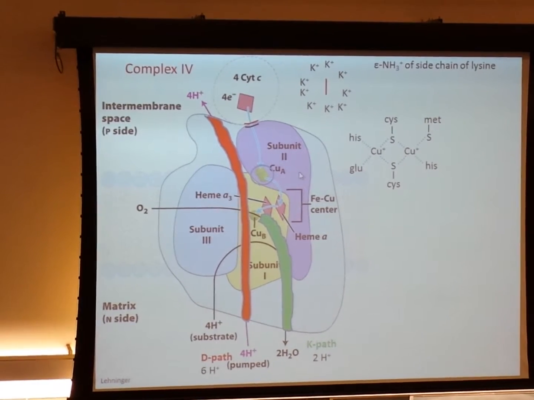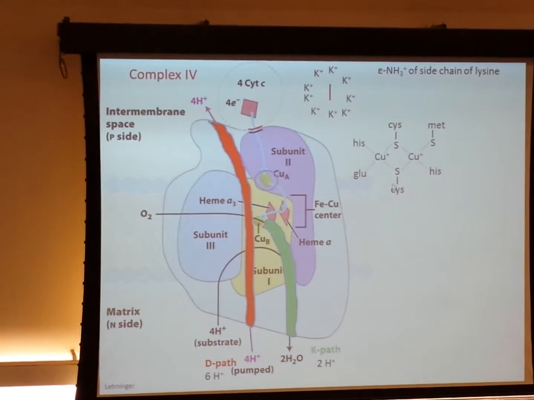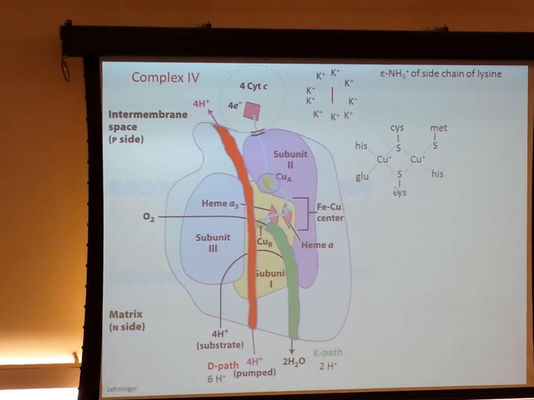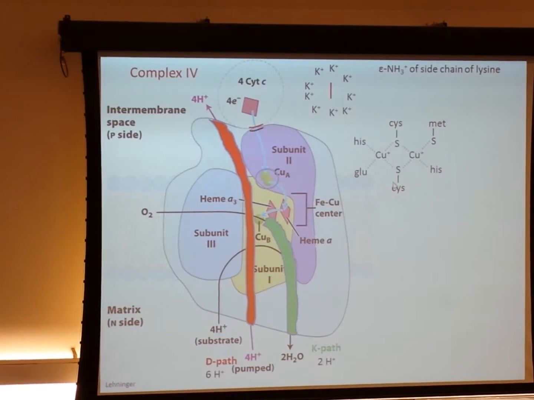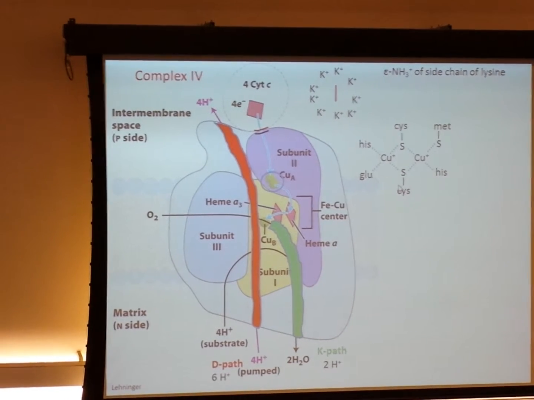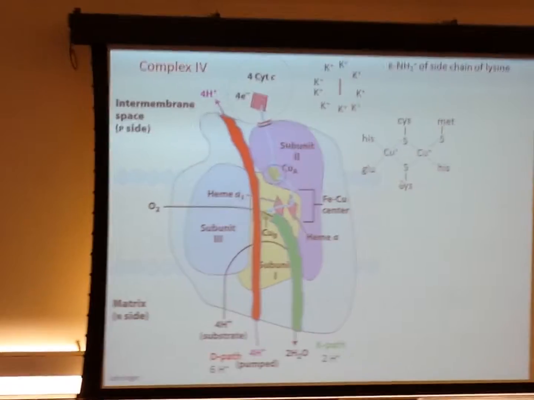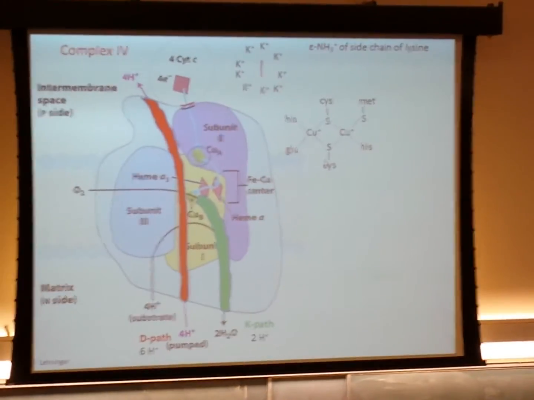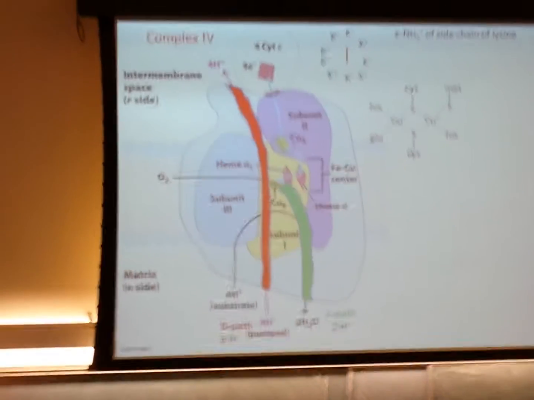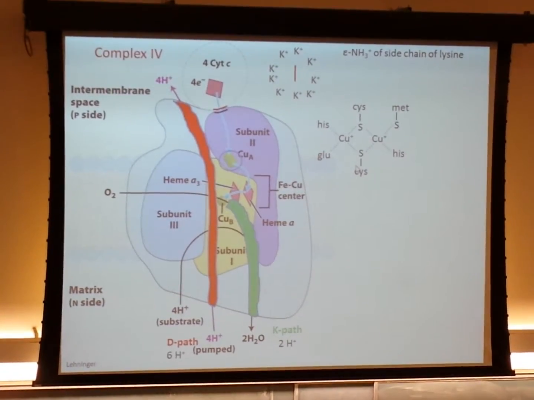So if we look at these two coppers, just like the irons that were in the 2-iron, 2-sulfur complex, their electrons are shared. They act as one. They're so close to each other, they act as one. As with the irons, this allows for differences in oxidation states. Instead of being a +1 and a +2 for copper, it can be somewhere in between.